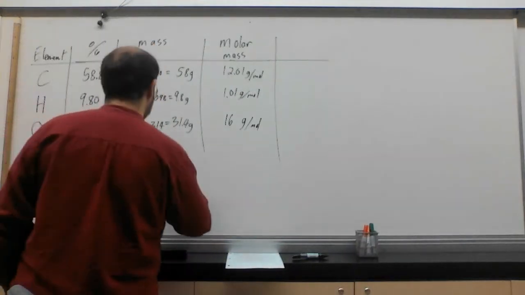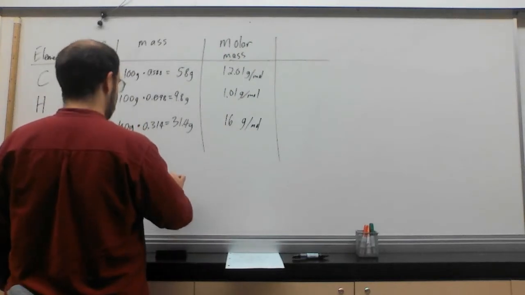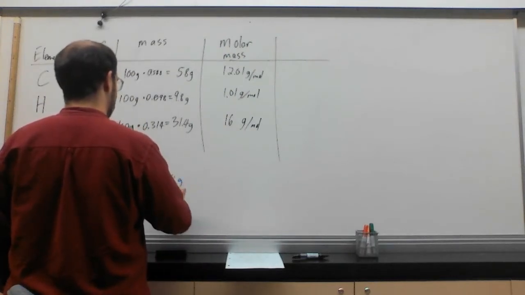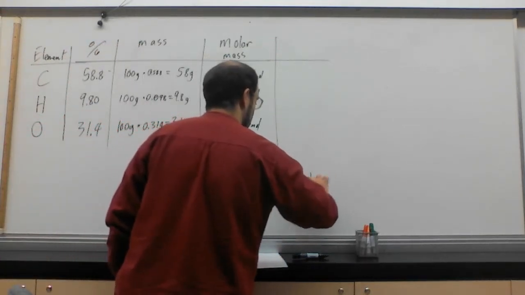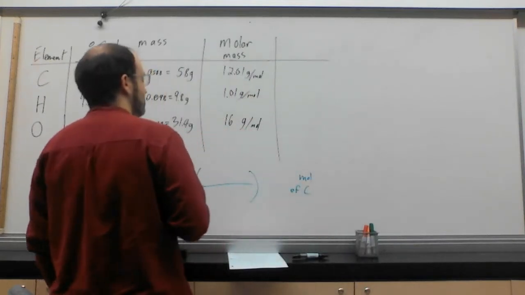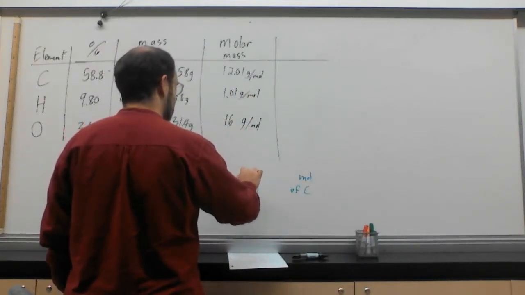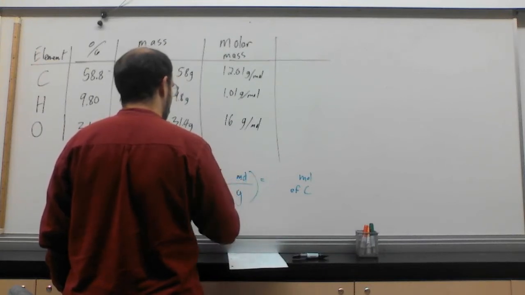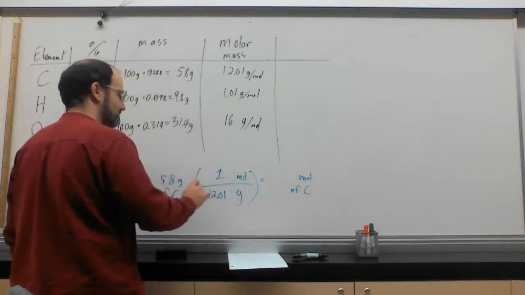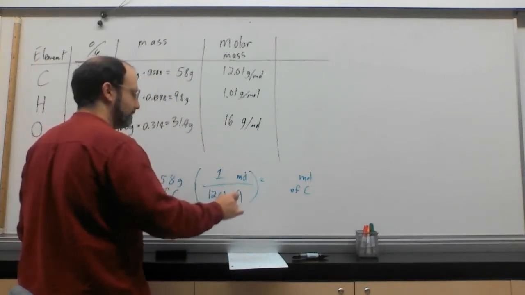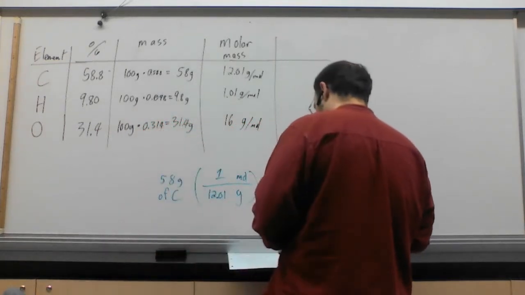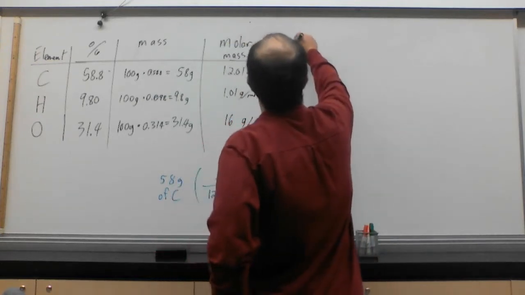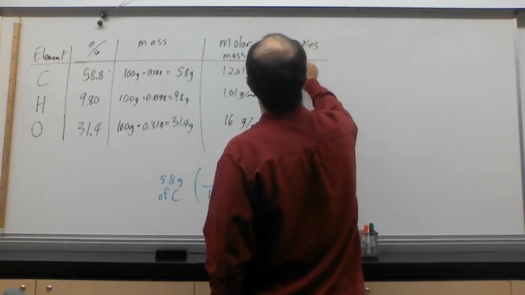So we end up with 58 grams of C. I want to get moles of C. We're going to put grams on the bottom, moles on the top, because I want to get rid of grams and get moles. 1 mole is equal to 12.01 grams, which means I would take out my trusty calculator, take 58 divided by 12.01. And this one will give us 4.83. So we're going to get 4.83 moles for carbon.